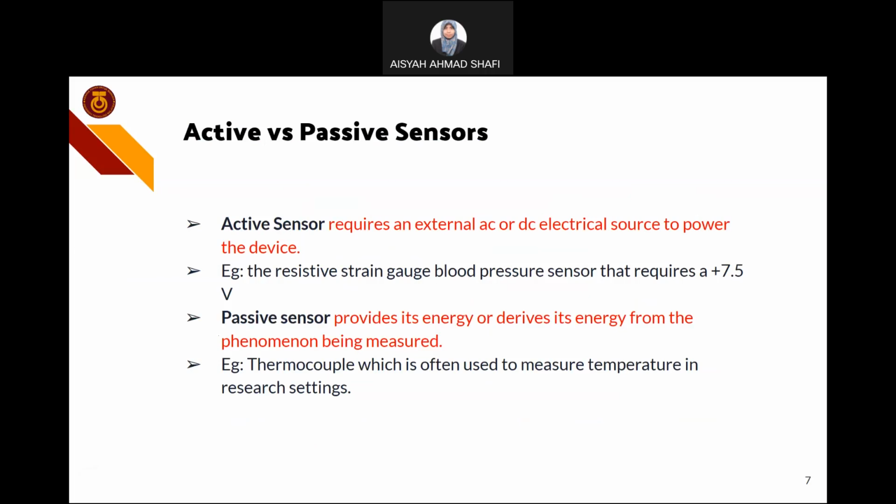And a passive sensor derives its energy from the phenomenon being measured. For example, the thermocouple is one example of a passive sensor.